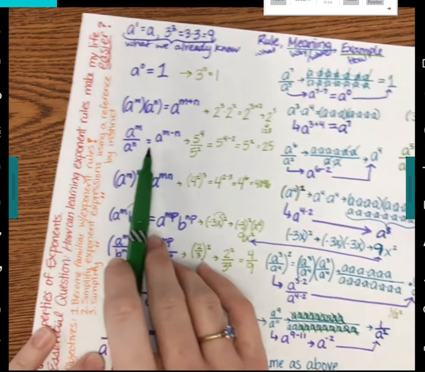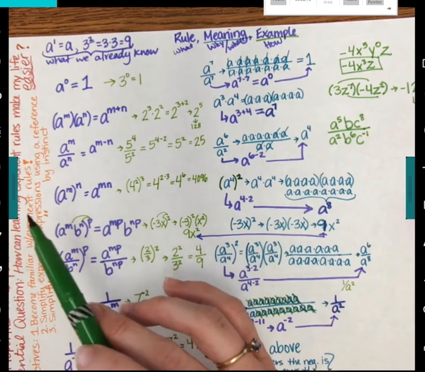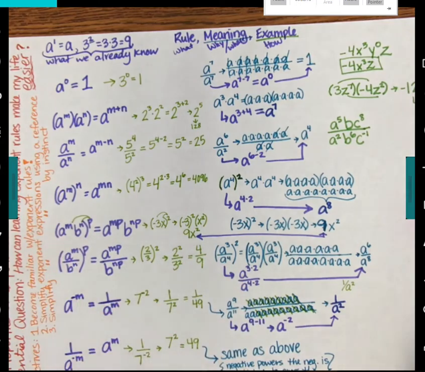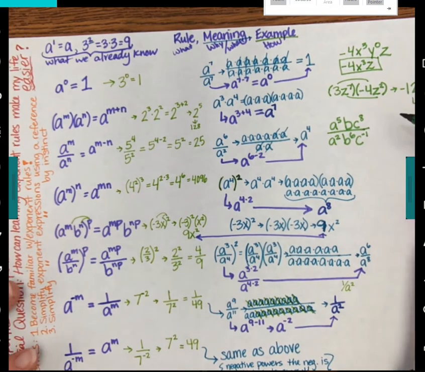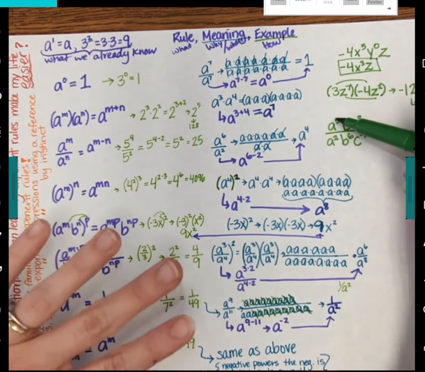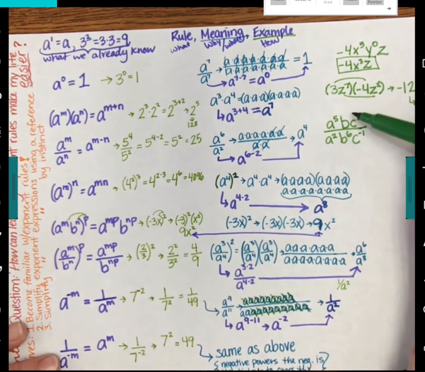This rule, which we are working on right now, is really important in theory, but when we are looking at this, we can look at it in a slightly different way. We can look at these as teams. Team numerator, team denominator, with the A game, the B game, and the C game.